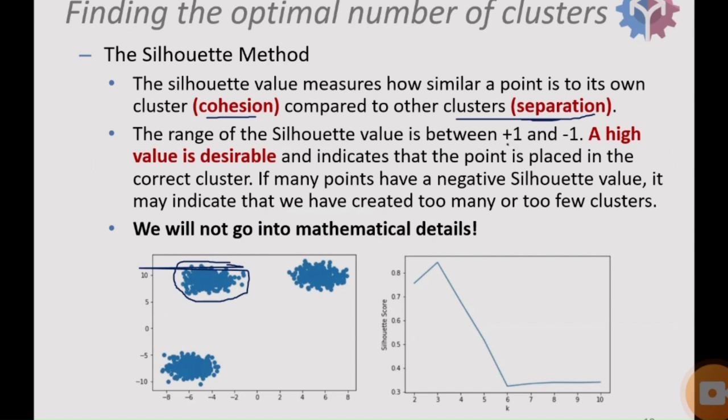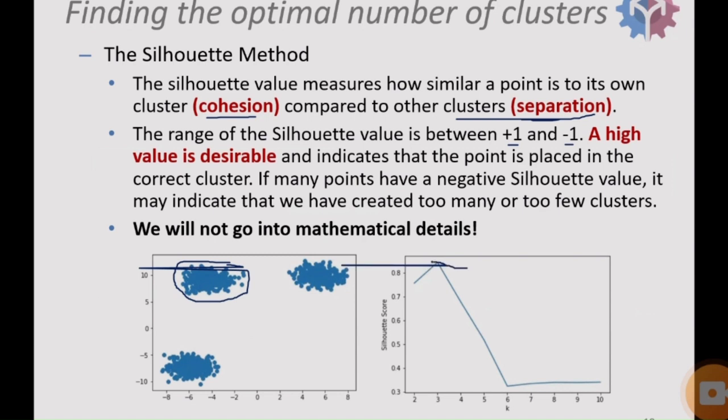The Silhouette value normally ranges between +1 and -1. +1 means that they are very close to each other, and -1 means that they are separated from each other. So again, it tries one cluster, two clusters, three clusters.